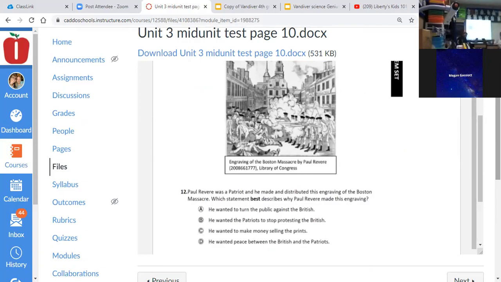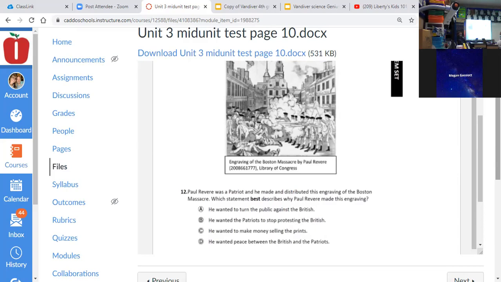Okay, number 12. Paul Revere was a patriot, and he made and distributed this engraving of the Boston Massacre. Which statement best describes why Paul Revere made this engraving? A, good job, Skyuna. A, he wanted to turn the public against the British. That's exactly why.